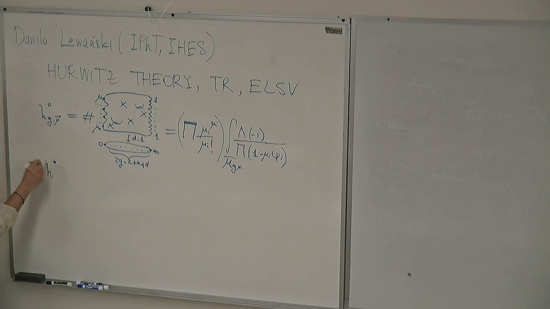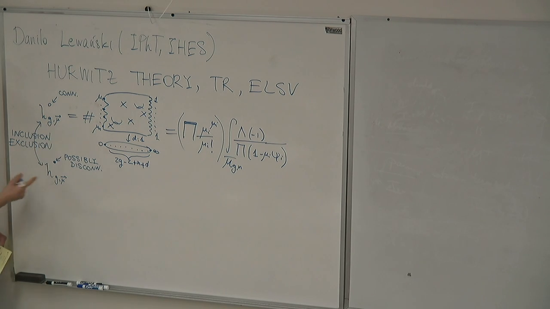So you can define them if you want. I now define the Hurwitz numbers with this symbol. I mean possibly disconnected. And these are connected. And then you can pass from one to the other with an inclusion-exclusion formula.